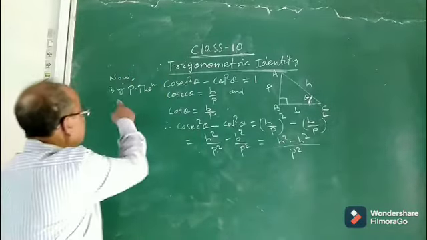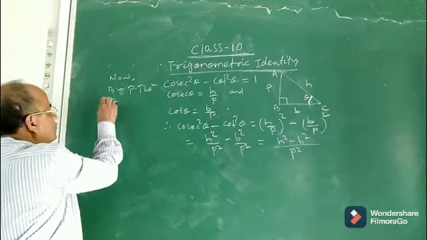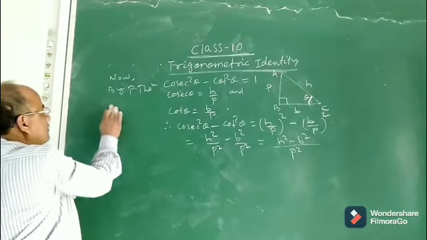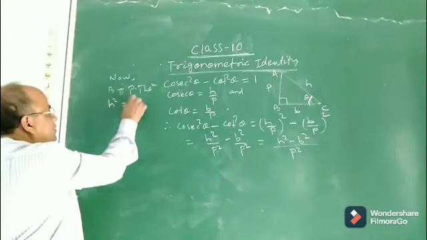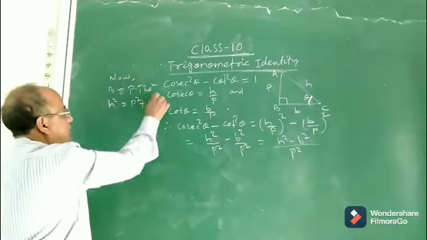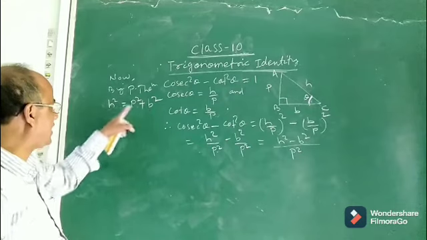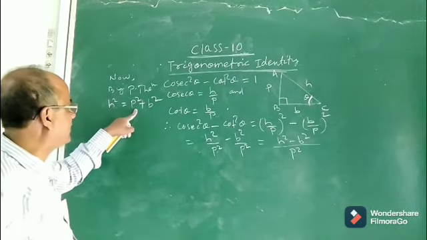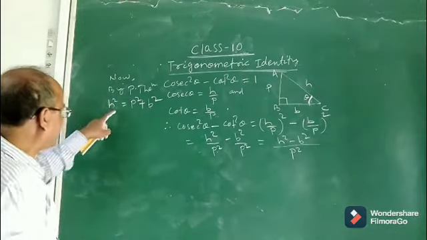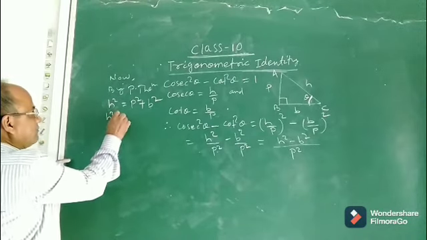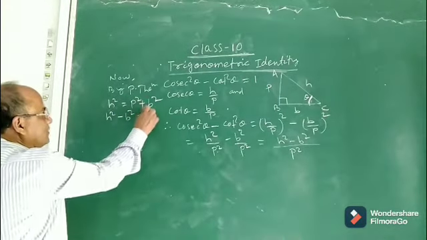Why? Because by Pythagoras theorem we know square of hypotenuse is equal to sum of squares of perpendicular and base. So if h square equals p square plus b square, then h square minus b square will definitely be p square. B square you bring this side. So h square minus b square equals p square.